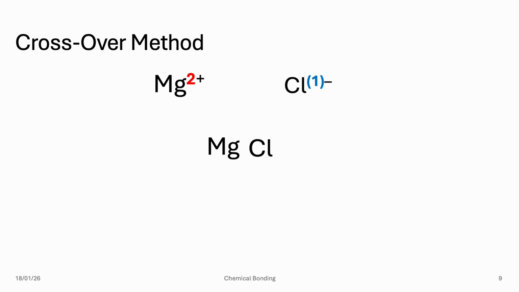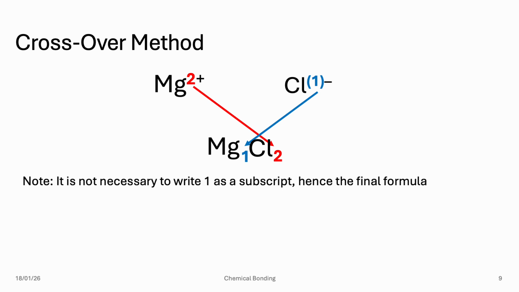Now the charge of Cl becomes the subscript of Mg, which is 1, and the charge of Mg becomes the subscript of Cl, so it becomes Mg1Cl2. But remember, when forming a chemical formula, subscript 1 is not written, so the formula becomes MgCl2.